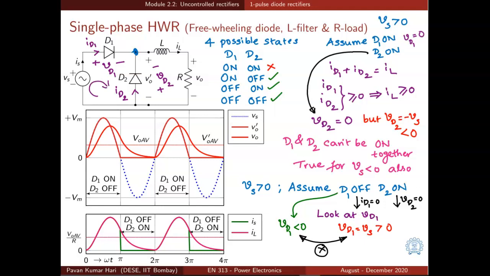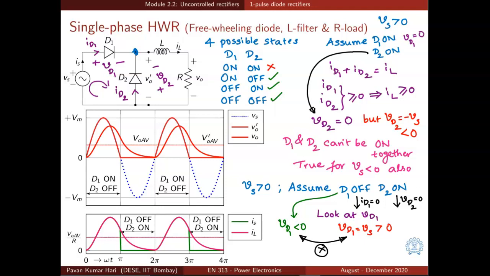So we contradict our assumption. Since we assume that D2 is on, the voltage across the diode has to be 0, but it is turning out to be negative because of the assumption of the other diode being on. So the conclusion is D1 and D2 cannot be on together.